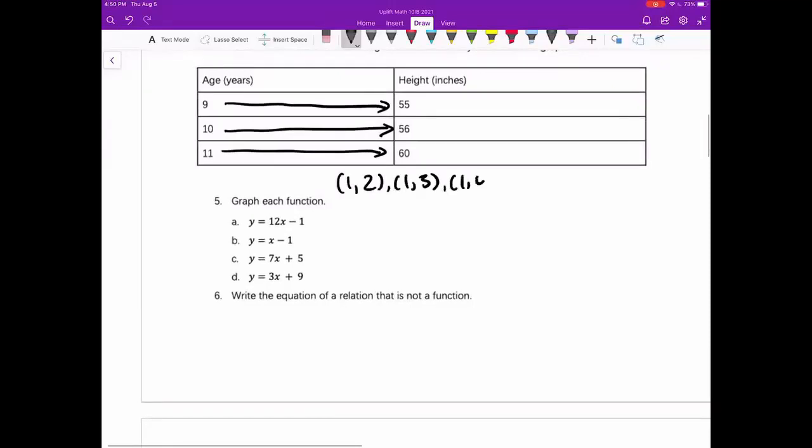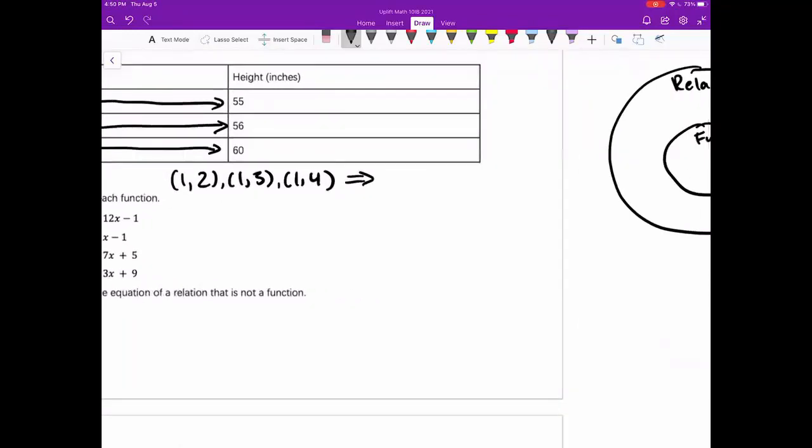If you were to graph this out, this would be a relation. Or better yet, we can say not a function, because everything is a relation. Not a function. Could you give an example?